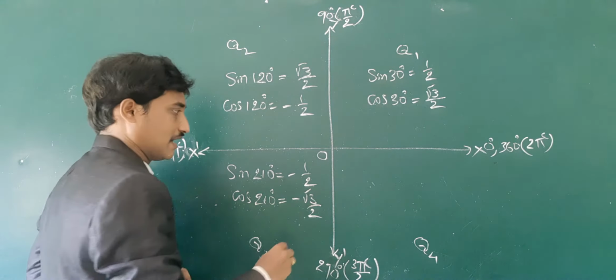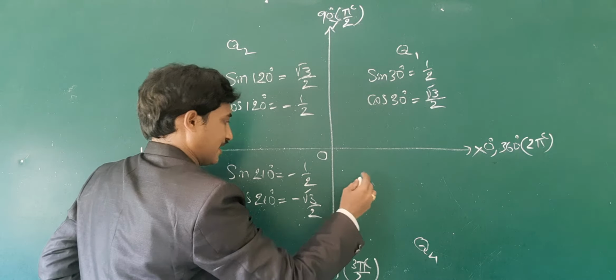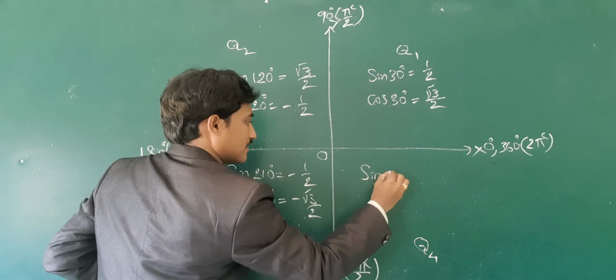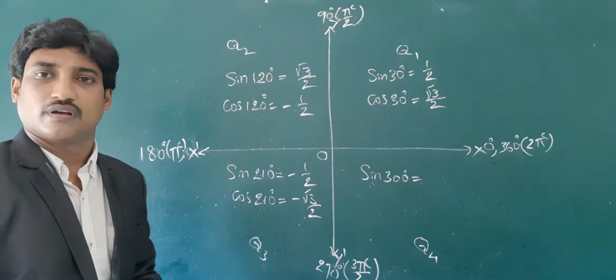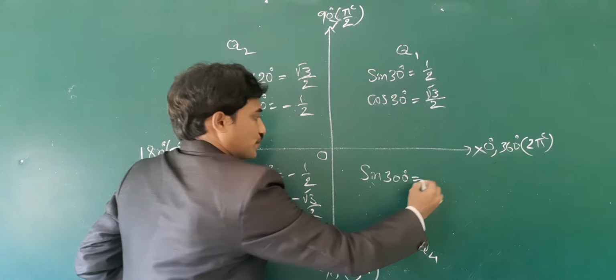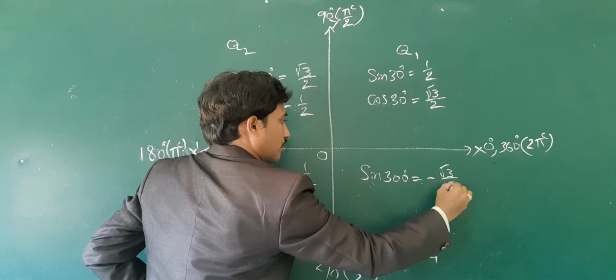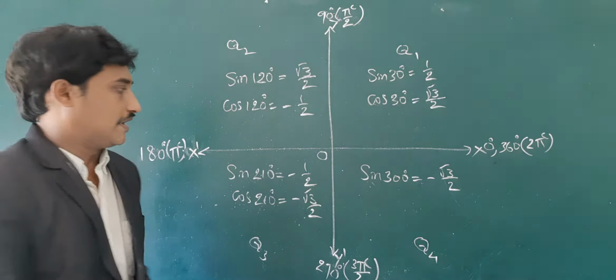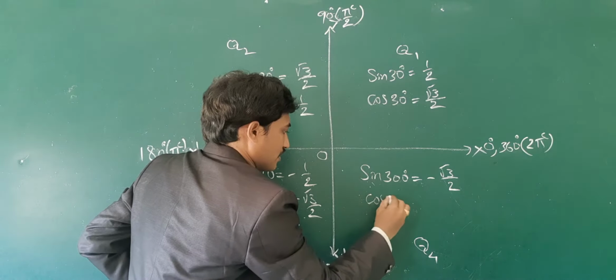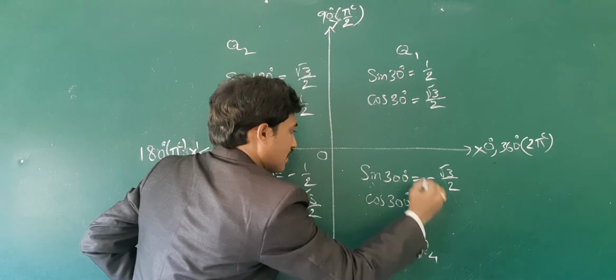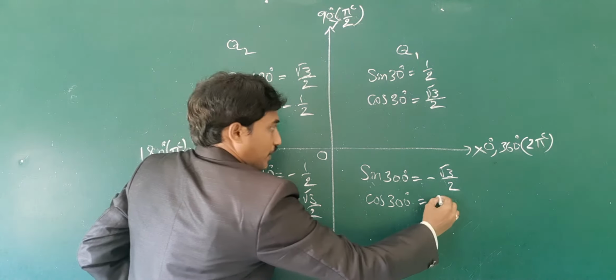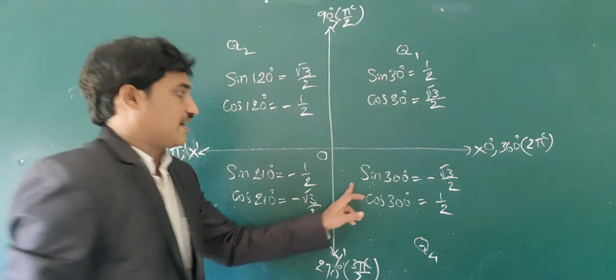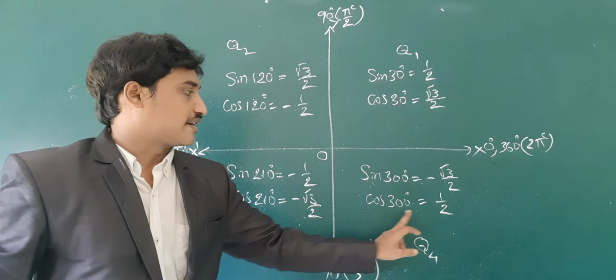I am taking an angle 300 degree. Sin 300 degree is equal to minus root 3 by 2. Cos 300 degree is 1 by 2. Sin 300 is negative, cos 300 is positive.